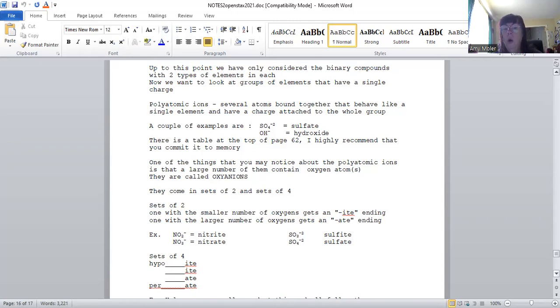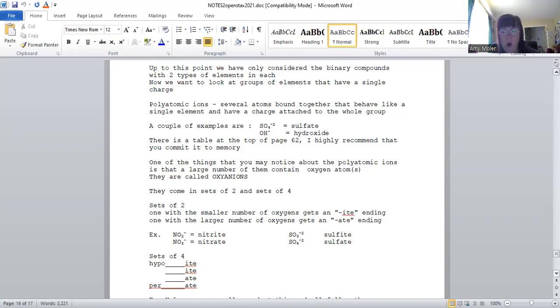On page 62 of your textbook, not your lab book, there is a table which you basically need to memorize. There are actually way more polyatomics than are on that table.